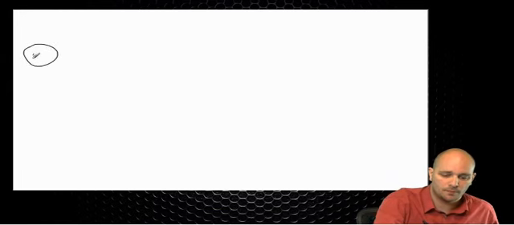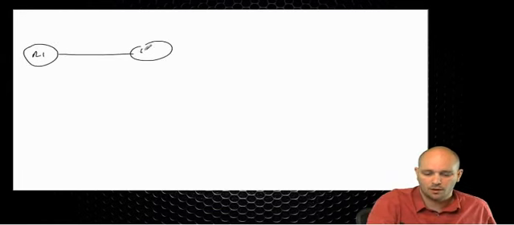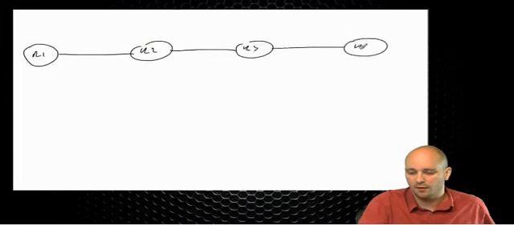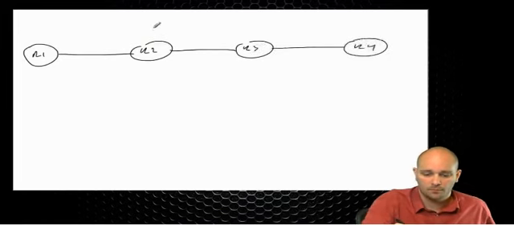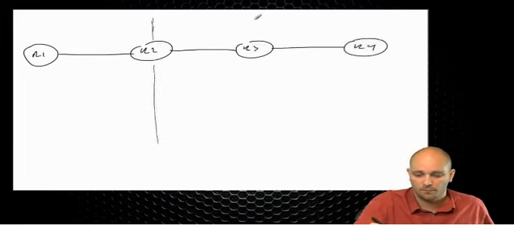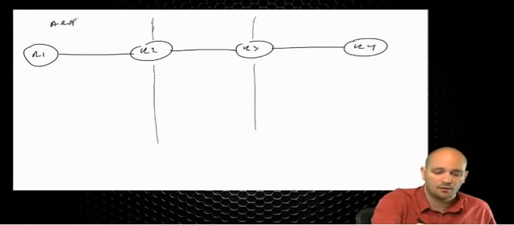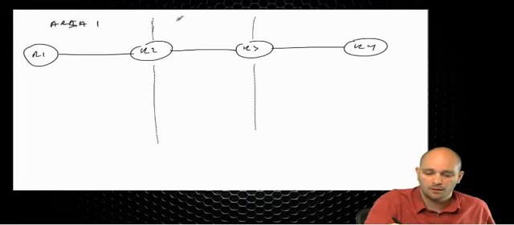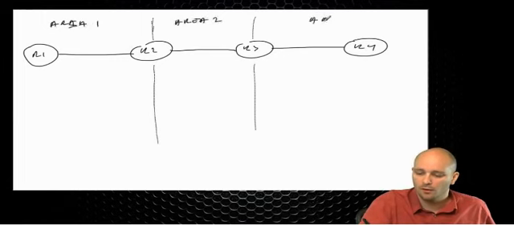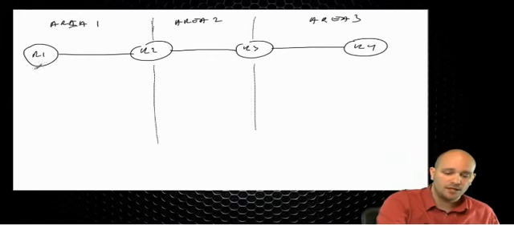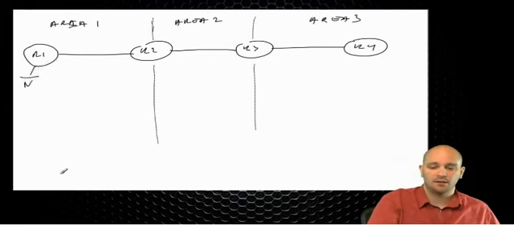So R1, R2, R3, and then R4. And let's say that this is area 1, this is area 2, and this is area 3. And let's say that we have a network N that exists here.